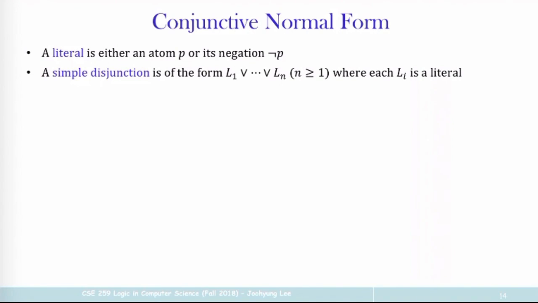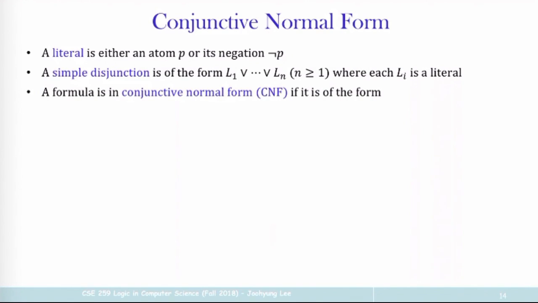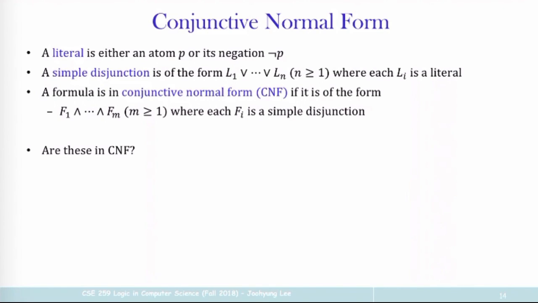Now, what is a conjunctive normal form? Conjunctive normal form is this form. It's called conjunctive normal form because it is a conjunction of many formulas, F1 through Fm. But if you look at each of these formulas, Fi, they are simple disjunctions. So it's basically a conjunction over disjunctions of literals. That's what conjunctive normal form is about.